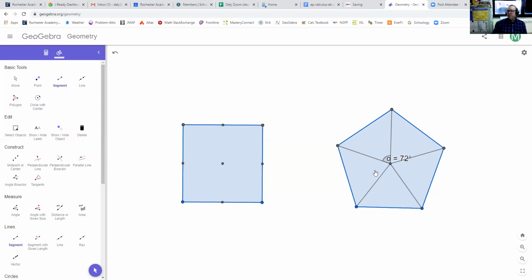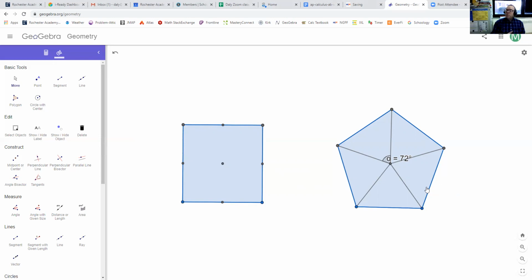So if we took 360 and divided it by 5, we would get, I don't think you're going to be able to see this, but 360 divided by 5, when I bring that up on my calculator, is exactly the 72 degrees that we were hoping to see. So that's where that 72 degrees comes from.